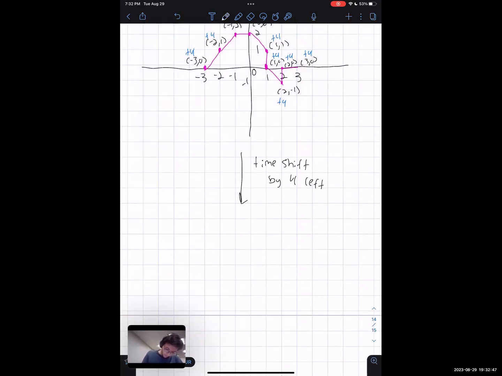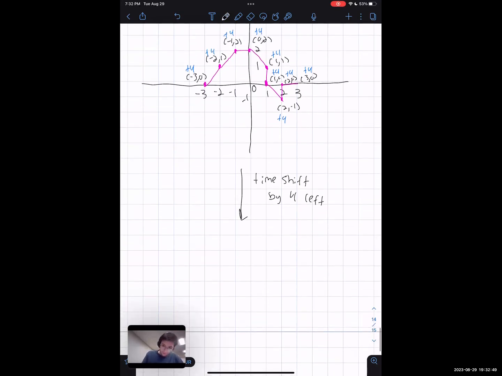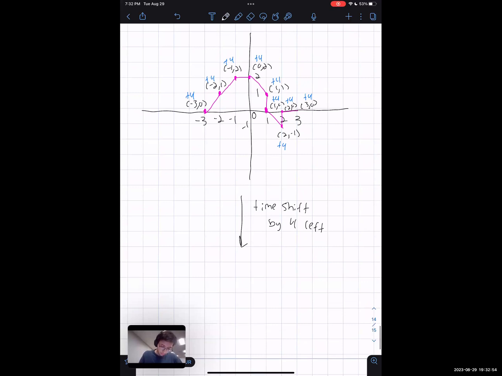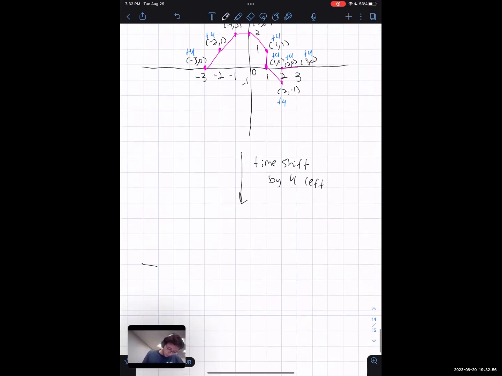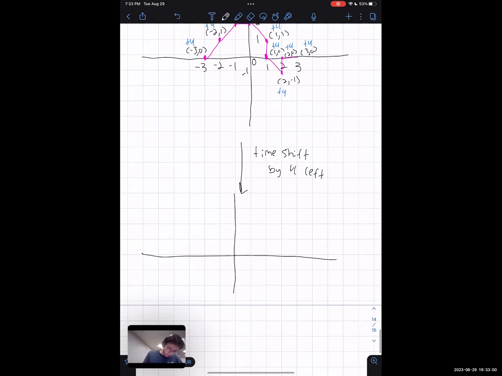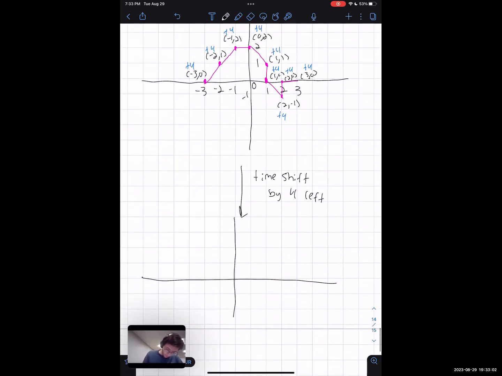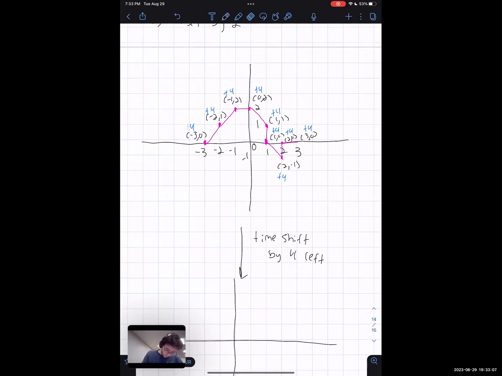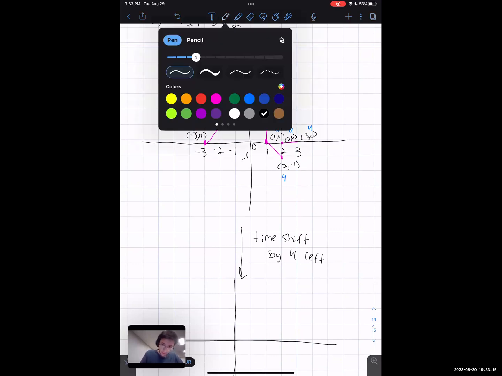And then we can just simply replot those exact points, right? This does not affect the y-axis at all. And we're going to have, oops, this should be -4, right? Not +4. It's +4 in the parentheses, but it's going to be -4 on the coordinates.